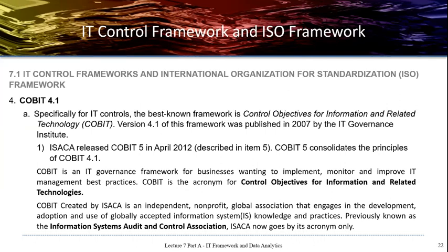Initially COBIT 4.1 was there, now we have COBIT 5. Specifically for IT controls, the best known framework is Control Objectives for Information and Related Technology, that's COBIT. That's the acronym.